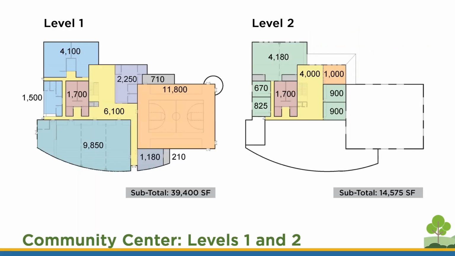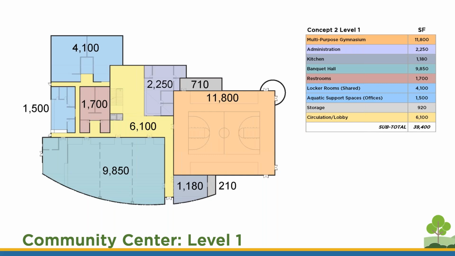The proposed community center is envisioned as a 2-level building that accommodates the requested program. Level 1 is approximately 39,400 square feet, and level 2 is 14,500 square feet. Notable spaces in level 1 include administrative offices, aquatic support spaces such as offices and locker rooms, the banquet hall, and a multi-purpose gymnasium.